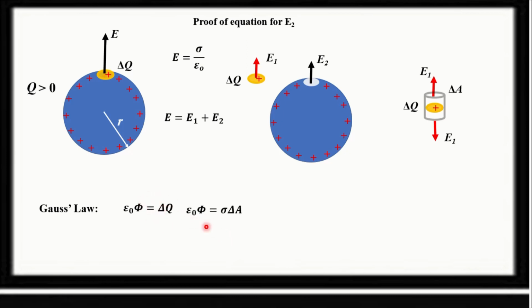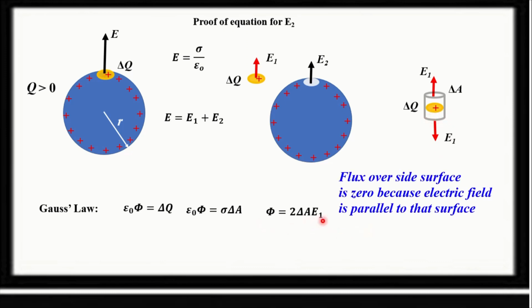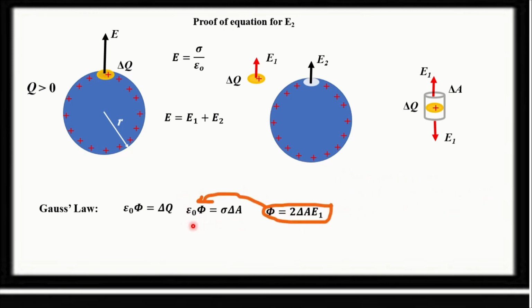The charge, as we know, is sigma times delta A, and from the other point of view, the flux is a product of the electric field at the upper boundary and the area of this boundary, plus the product of the electric field on the lower boundary and the area of this boundary. So we have this equation for the flux. We plug this equation into the previous one, cancel delta A, and we have for E1 the equation of such form.